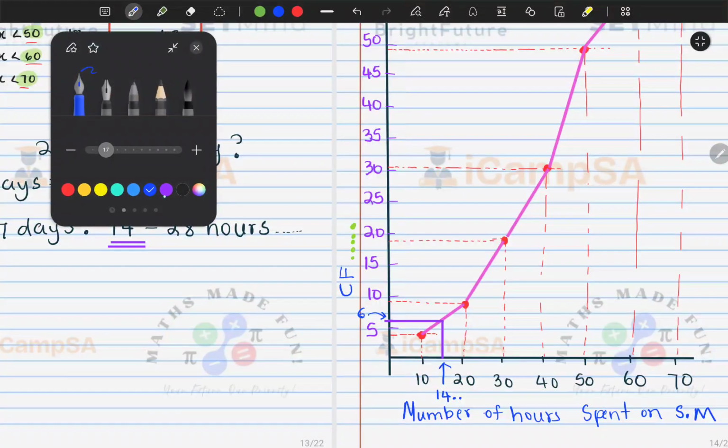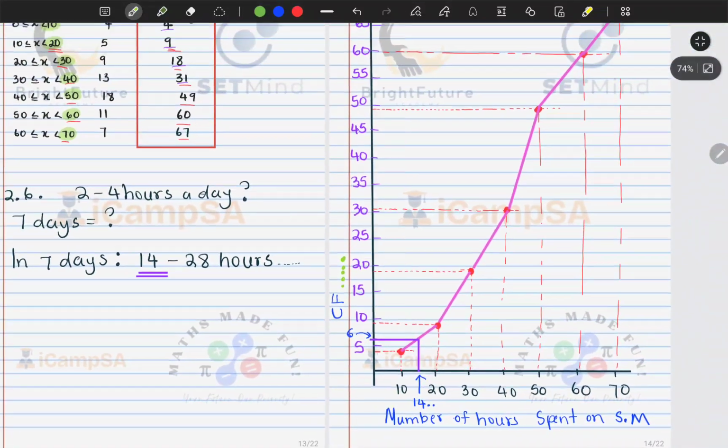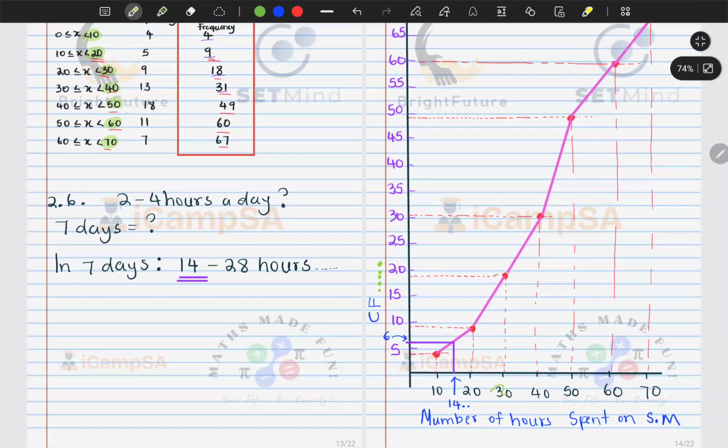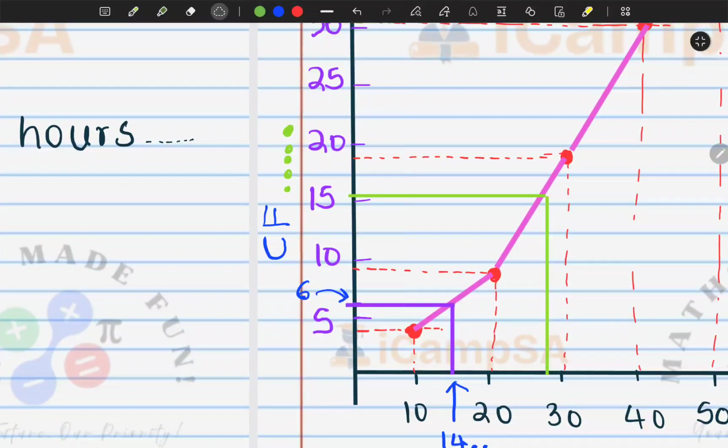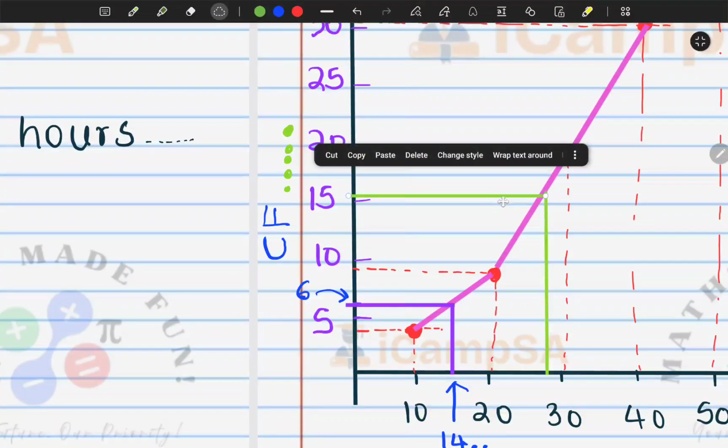Okay, so let's go and do the next one, where we need 28 hours. So 28 hours is very close to 30. So I would take it to be somewhere there. Okay. Then we move somewhere there. Okay. Now, if you observe carefully, let's move that to touch there.